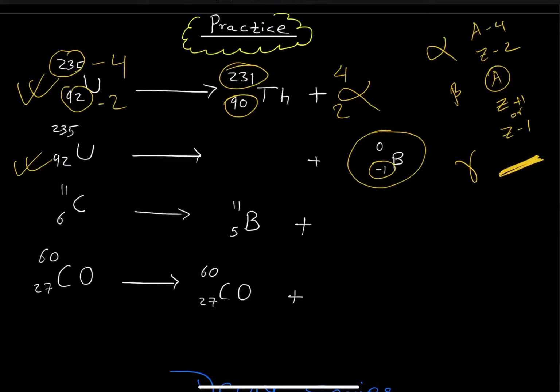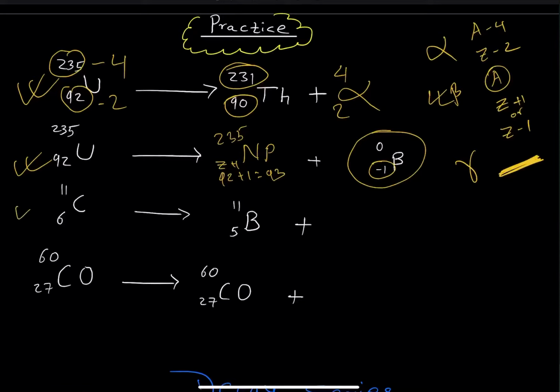What is the element? The element is going to be Np. What is Np? You should know it. It's called neptunium. So you have to add Z plus 1. 92 plus 1 gives you 93. So 93 is neptunium, and the 235 remains the same. The A remains the same.